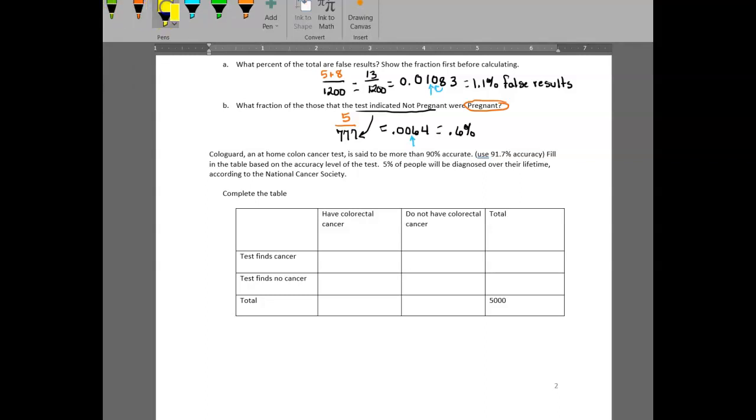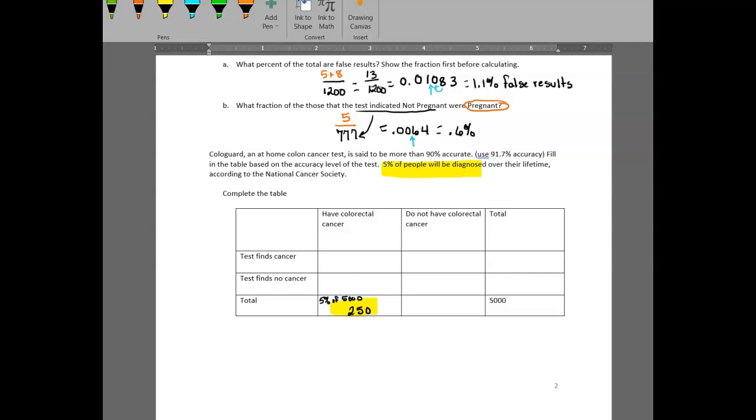So we know that 5% will in fact have colon cancer. So we need 5% of that amount. So 5% of the 5,000. And we're going to end up with 250 people.